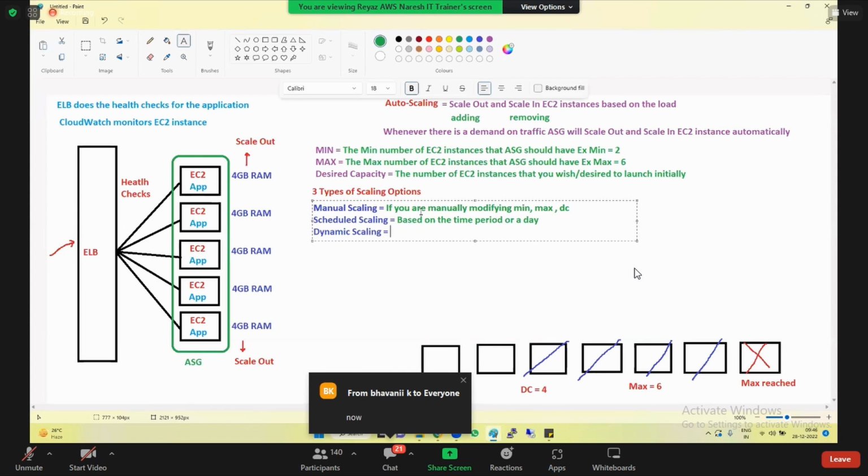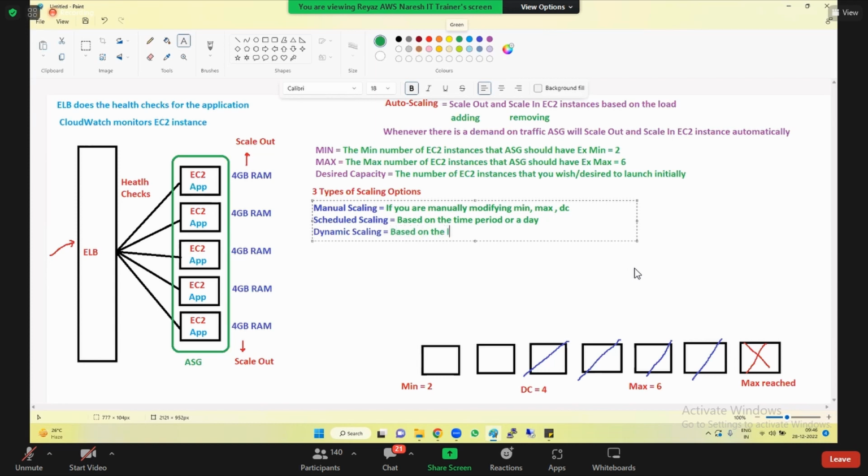Good. So dynamic scaling means, based on the load, it will scale. For example, based on the load, let's say CPU, network, how many requests count you're getting, etc. All these are dynamic scaling.